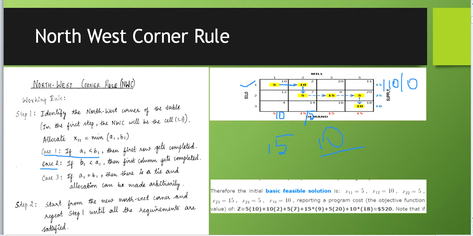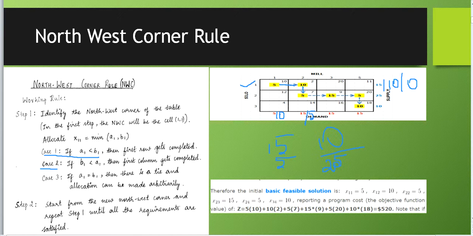So we are into this particular cell now. How much value do I have to assign here? I have a demand value of 5 and a supply value of 25. Among 5 and 25, obviously 5 is minimum. Again, I allocate a value 5 to this particular cell.